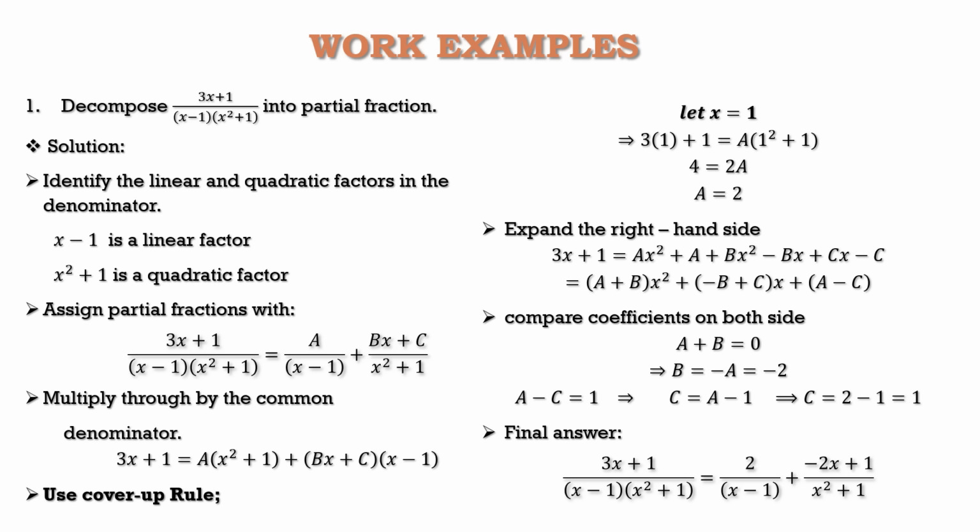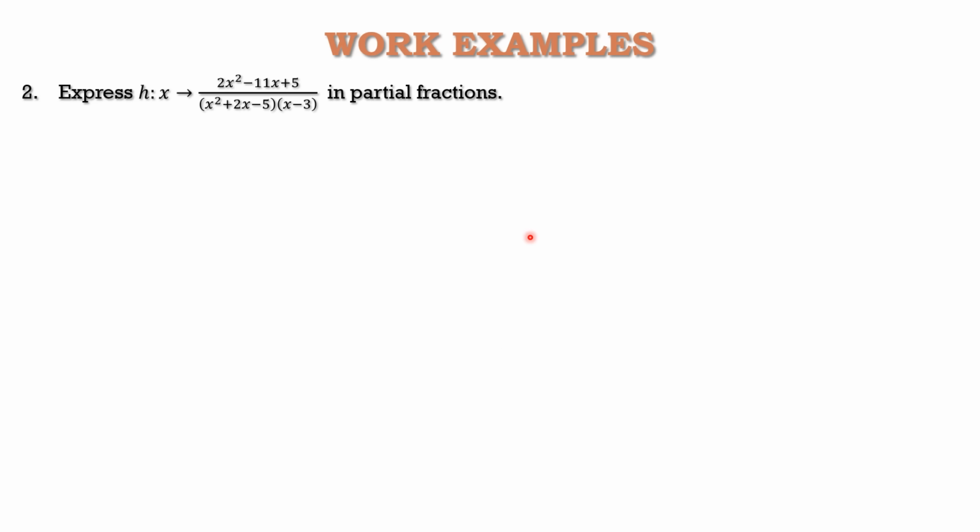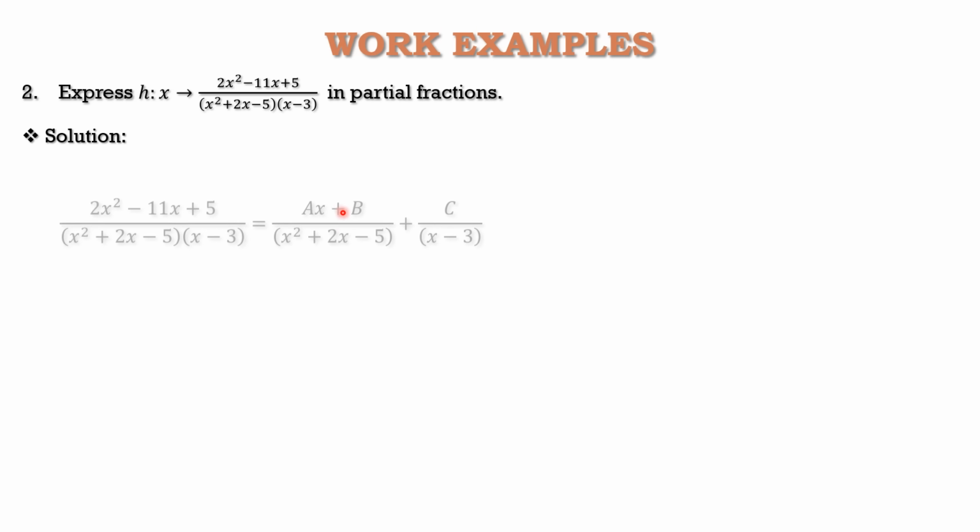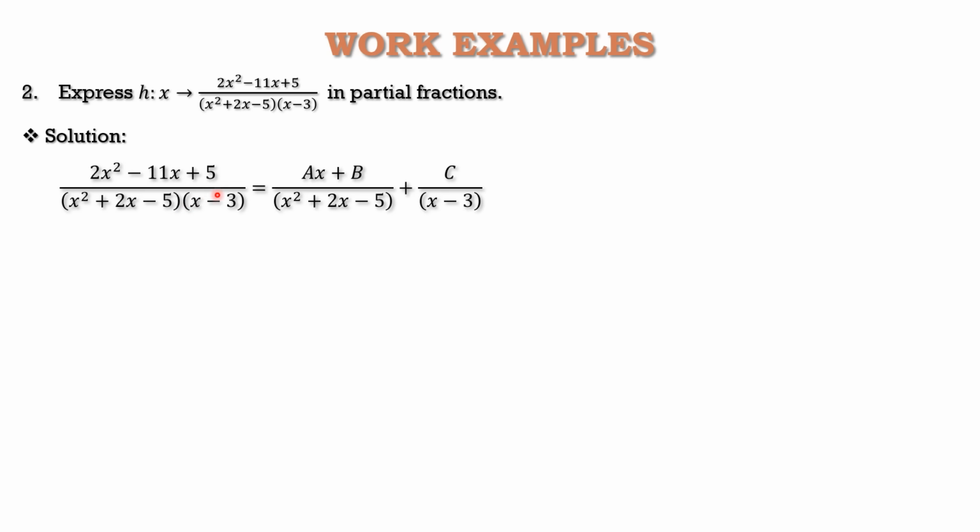So here, let's proceed to the next example. Express h of x in partial fractions. So look at it. This one is a proper fraction, so we can separate it. Now, solution. This one can be expressed as ax plus b divided by x squared plus 2x minus 5. Why?